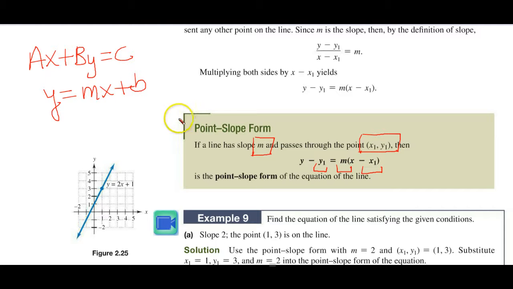Depending upon which they ask for in the problem you're dealing with, you can convert one to the other.